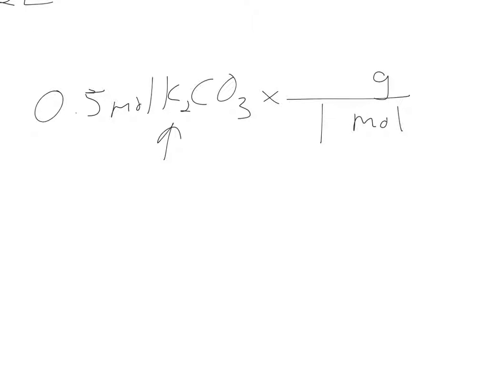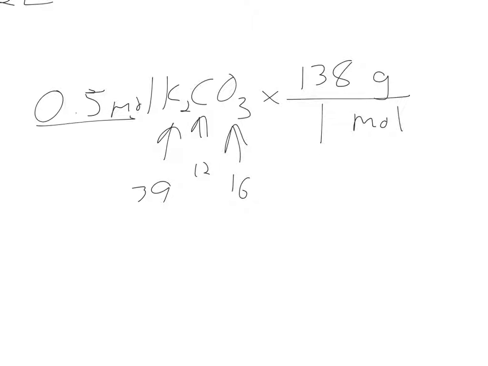Well, potassiums are worth 39 each, carbon is worth 12 each, oxygen is worth 16 each, and if I add that all up, I should get 138 grams. Alright, so half a mole times 138 over 1, or half of 138.